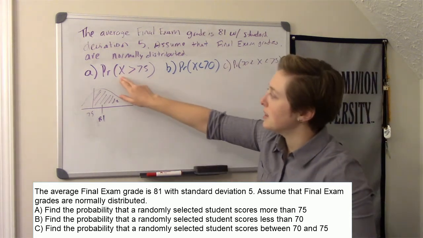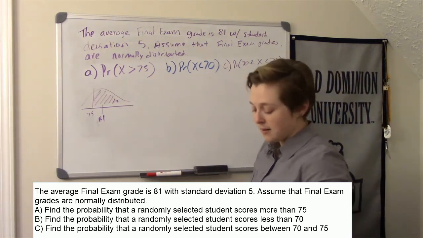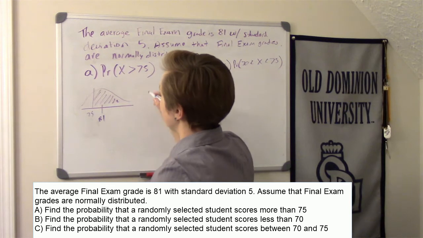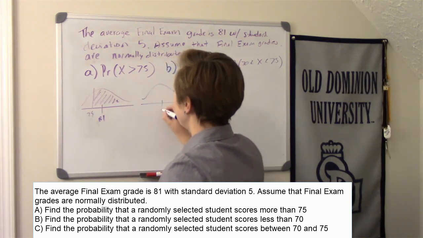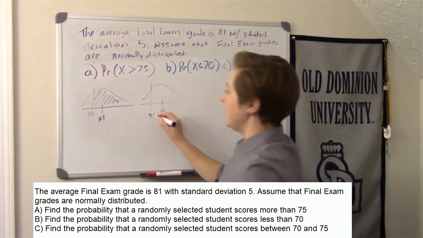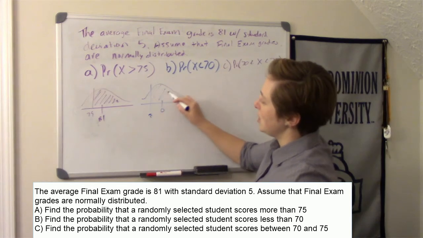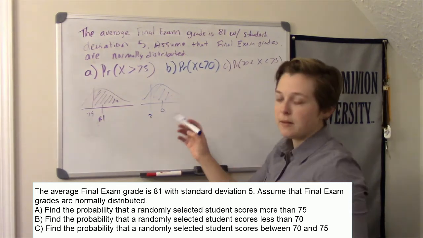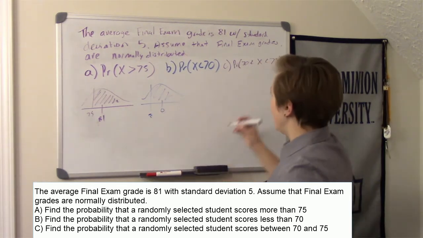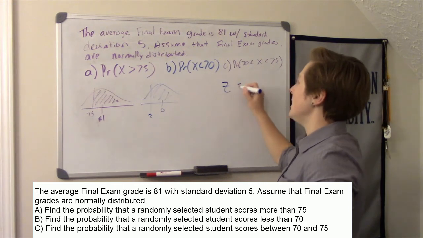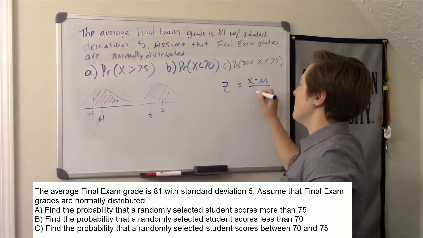So you want to convert this x to a distribution of z. This is the distribution of x, and you want to convert it to z. There is a z number right here for which these two areas are exactly the same. So what's that conversion? Z equals x minus mu divided by sigma.